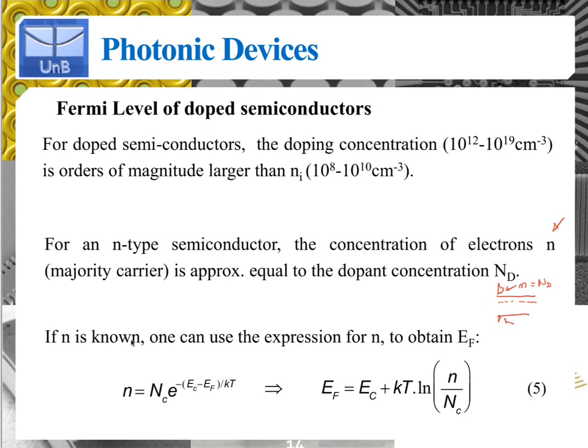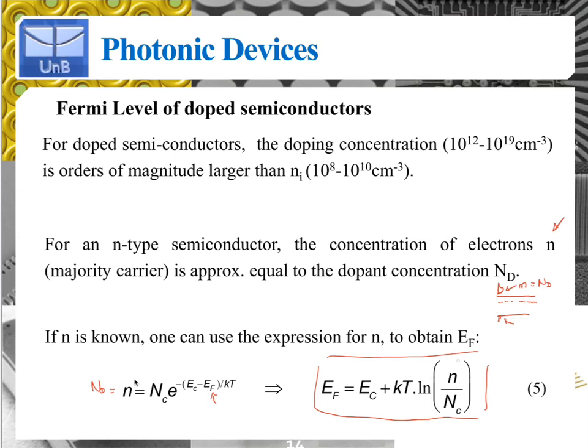And if N is known, we can use the expression for the carrier concentration that we just found to obtain EF, and this is the expression right here, which we got before. So if this is equal to Nd, we can just isolate EF and we get this.